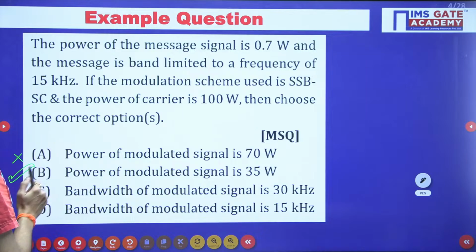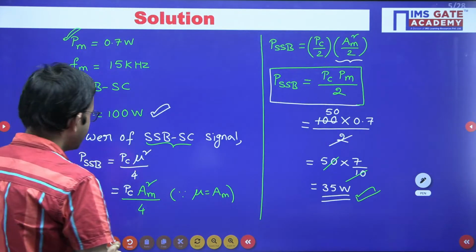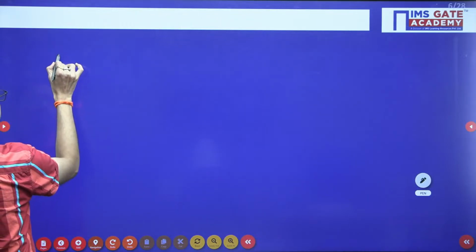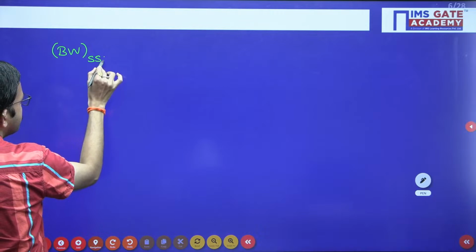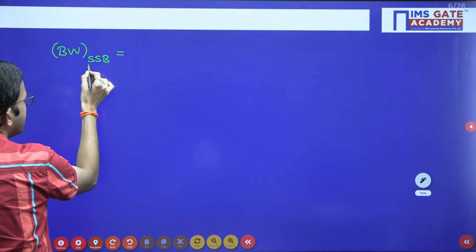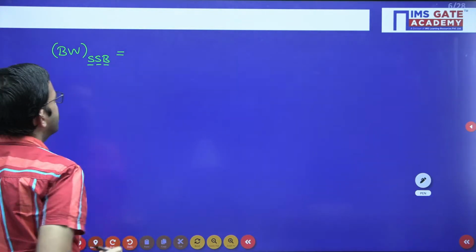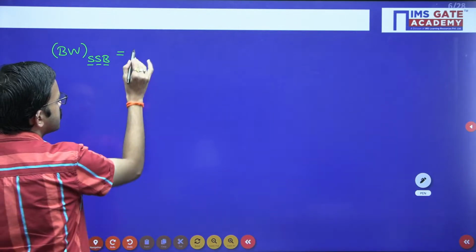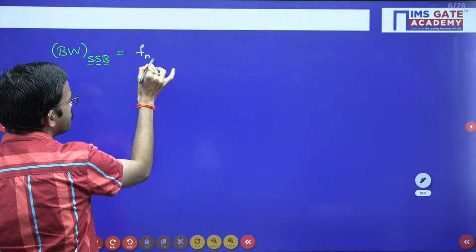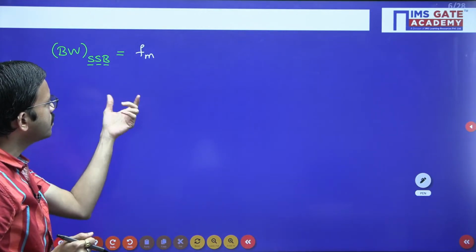Now option C and option D concern the bandwidth, and regarding bandwidth it is very simple. For the bandwidth of the SSB-SC signal, as the name implies, we are passing only one sideband. So the bandwidth you get is FM, the message signal bandwidth.